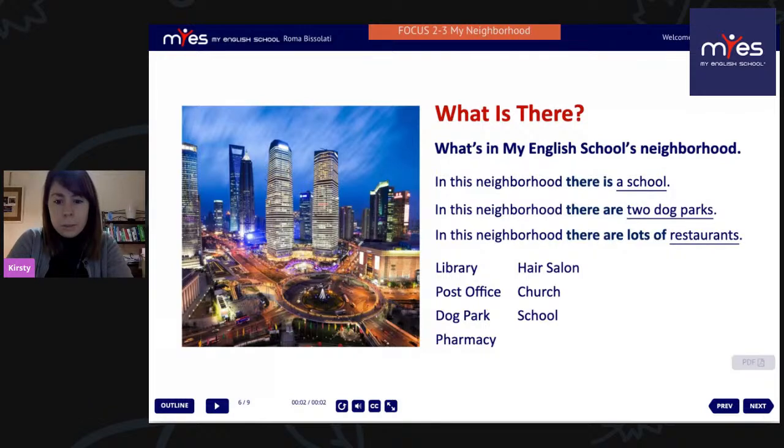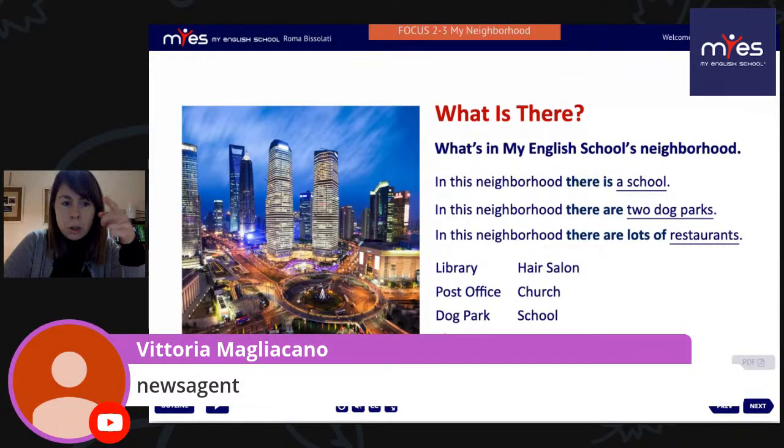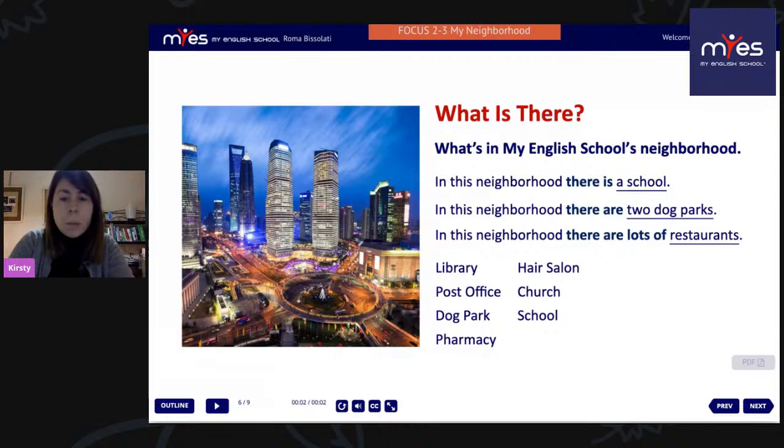So galleries, museums, restaurants, trying to think what else, supermarket, police station, okay, all right. Okay, newsagent, well done, newsagent. Or you can say the tobacconist, the tobacconist. Okay, newsagent.